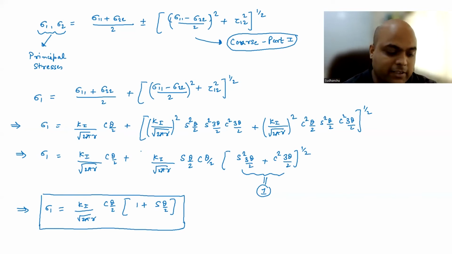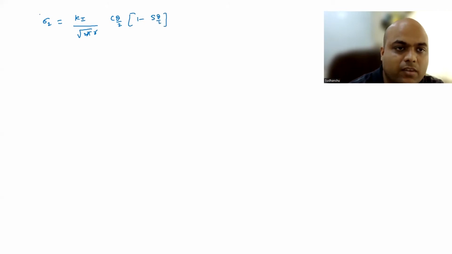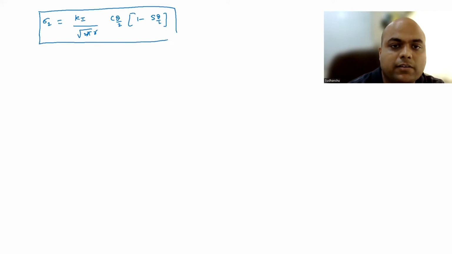Okay, now let's see what is sigma 2 principal stress. So sigma 2, if you just do the same calculation what we did for sigma 1, it will be K1 divided by root 2 pi r c theta by 2 times 1 minus s theta by 2. Okay. So you got sigma 1 and sigma 2.